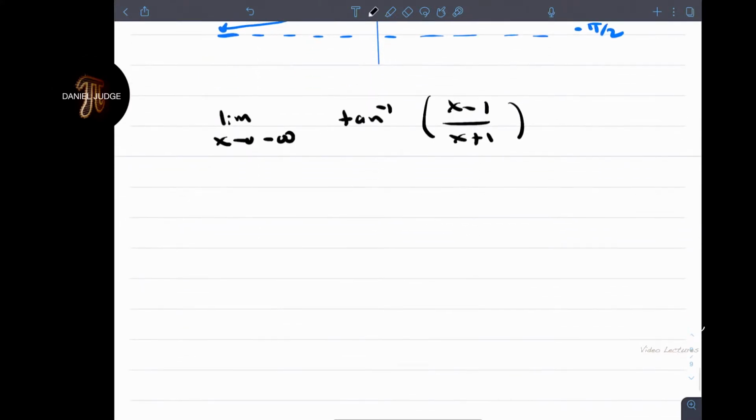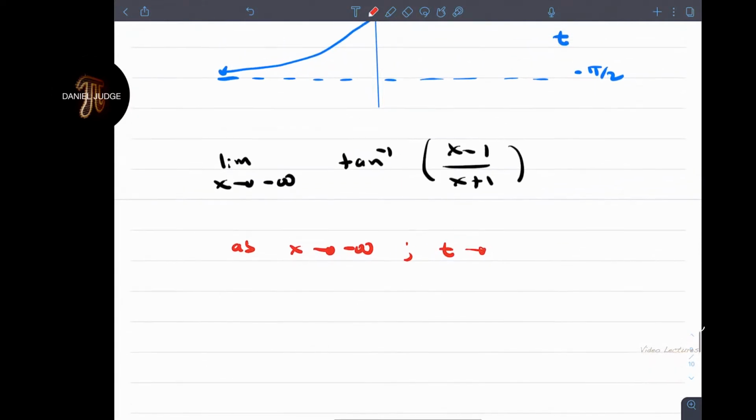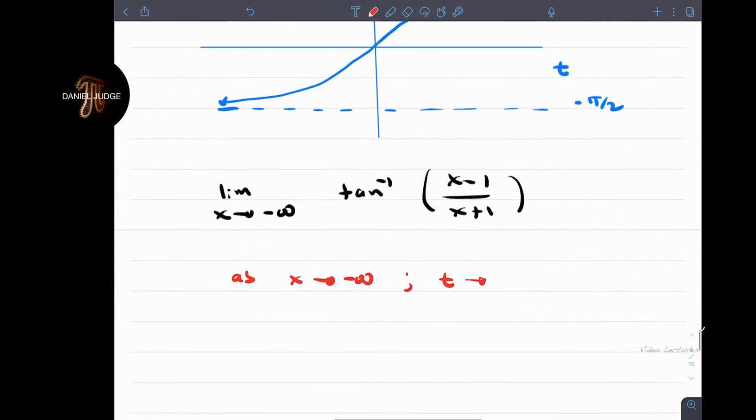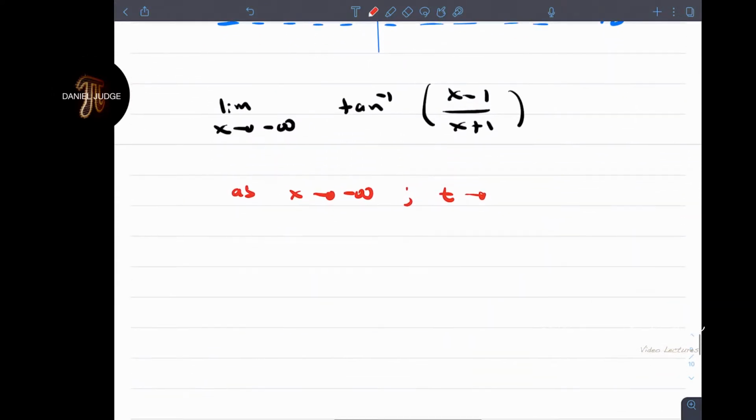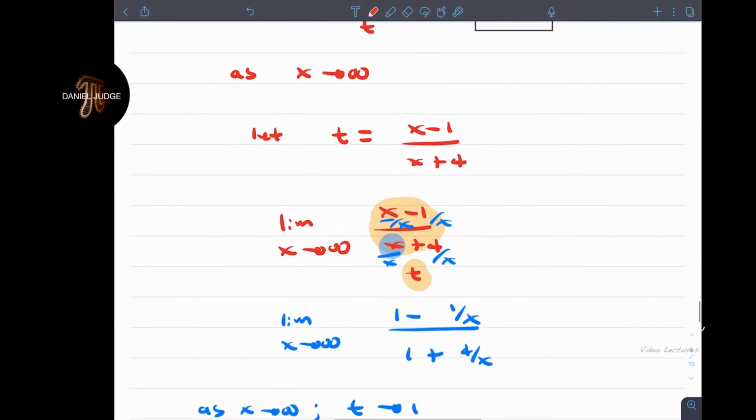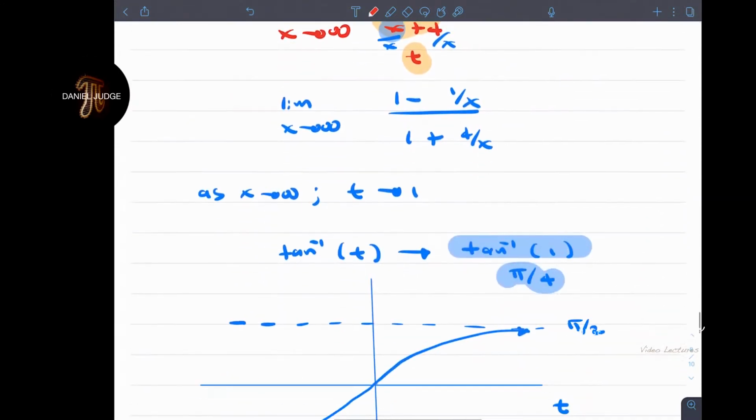Now we look at this limit. As x goes to minus infinity, t goes to the same kind of place. If we looked at that limit, that's also going to be 1 again.